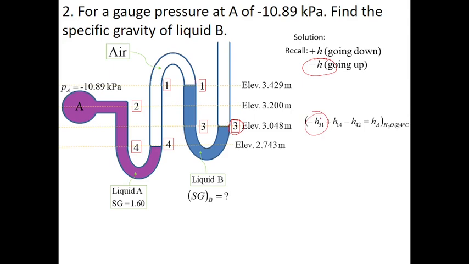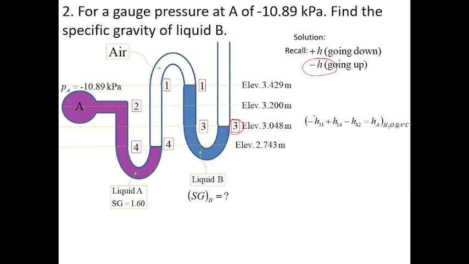Take note also that we chose water to be our reference fluid, our reference liquid. It doesn't matter whether the fluid in the given manometer is water or not. What is important is our solution.